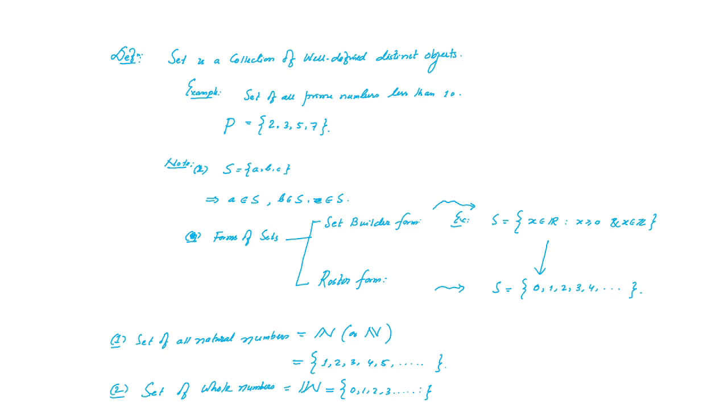For the set of all integers, 3, Z represents this, which is basically called the set of all integers. That means it is 0, plus minus 1, plus minus 2, plus minus 3, and so on.